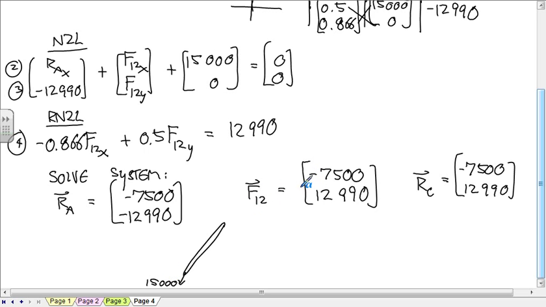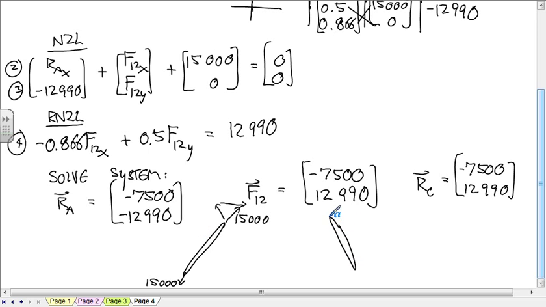F12, now notice that this force is pointing this way. But remember that that pin also has a force of 15,000 on it. And if you add those two up, you get a total magnitude of 15,000 pointing axially.